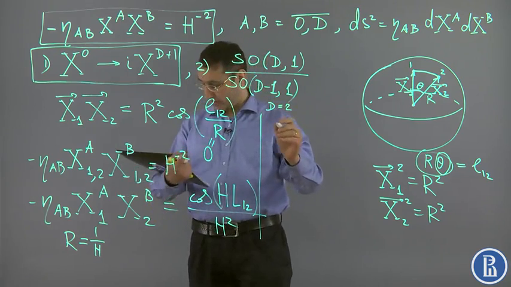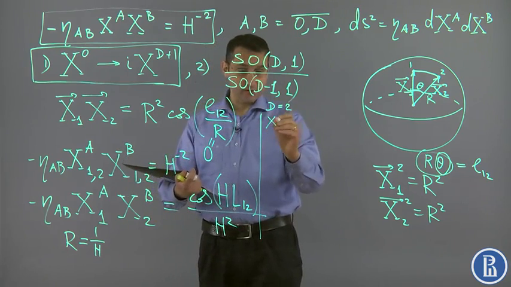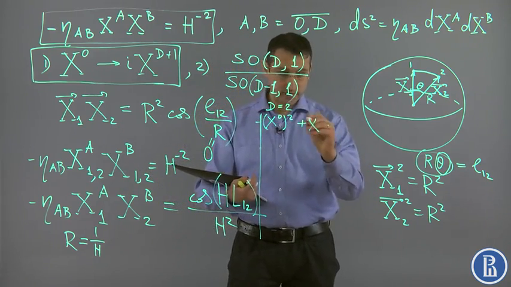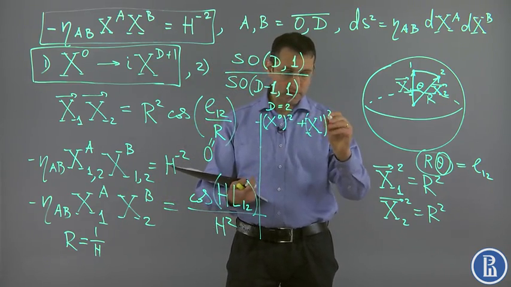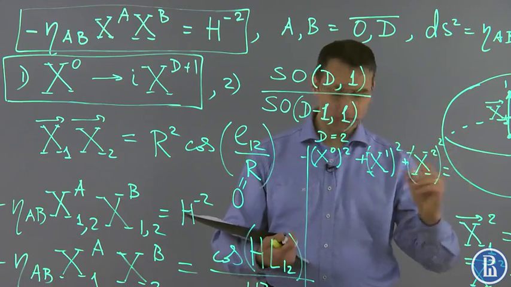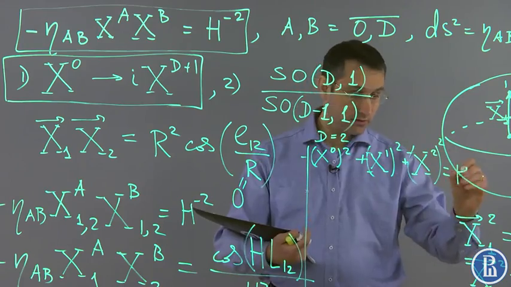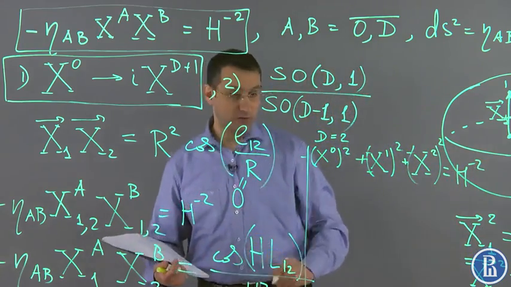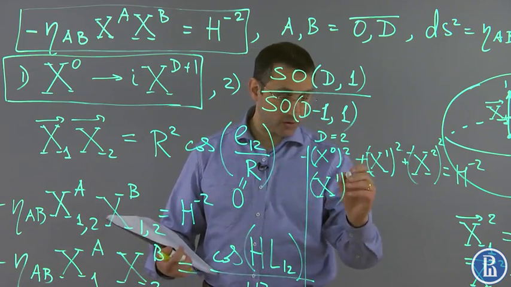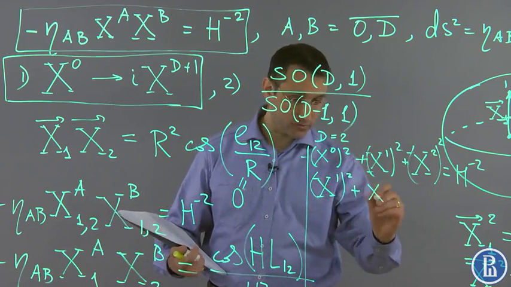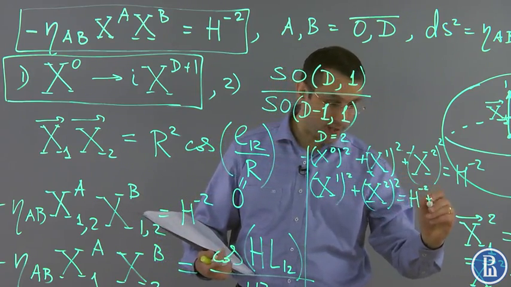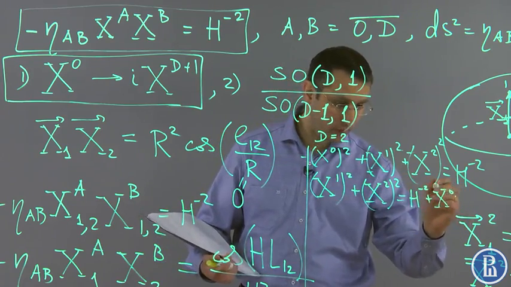We have minus x0 squared plus x1 squared plus x2 squared equal to h to the second power, which tells us that for every x0 we have a circle, x1 squared plus x2 squared equal to h squared plus x0 squared.